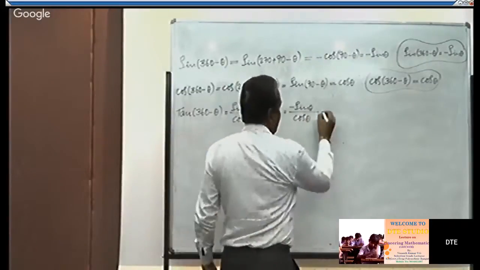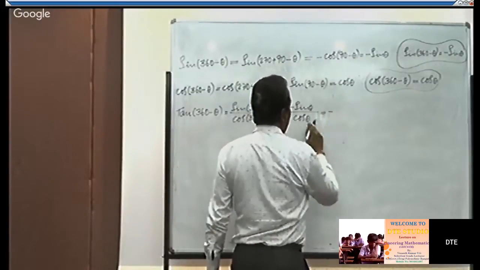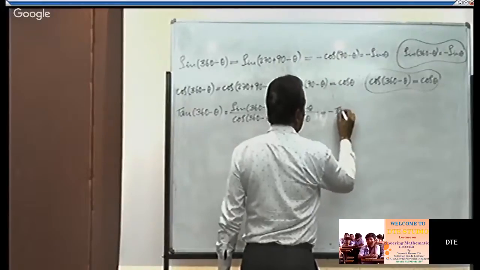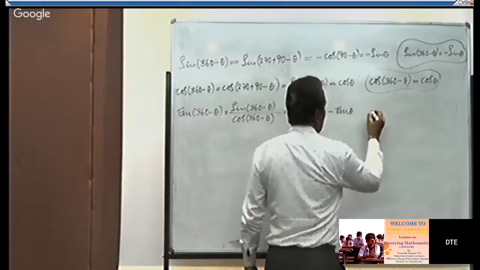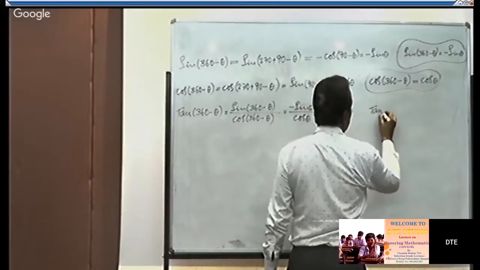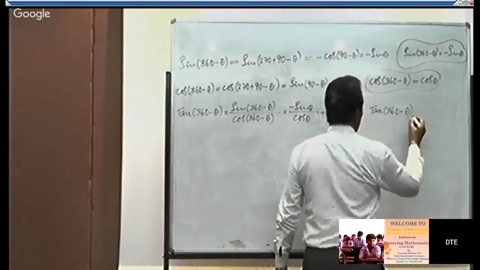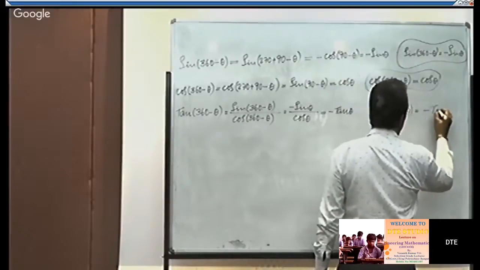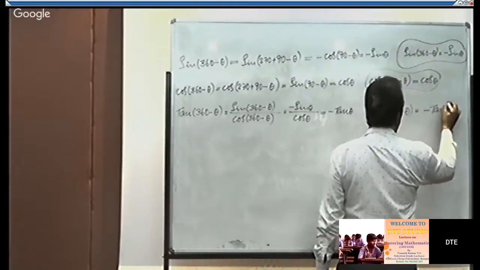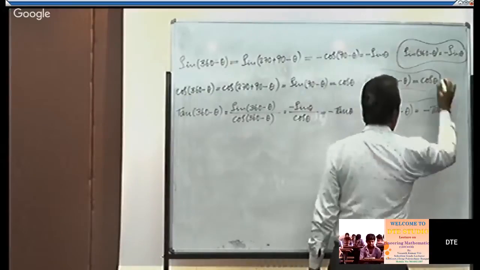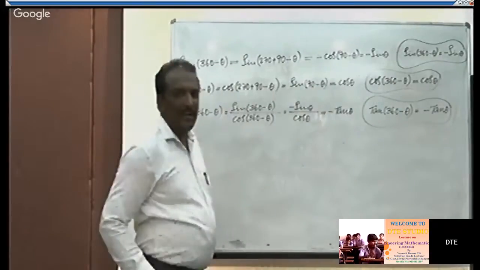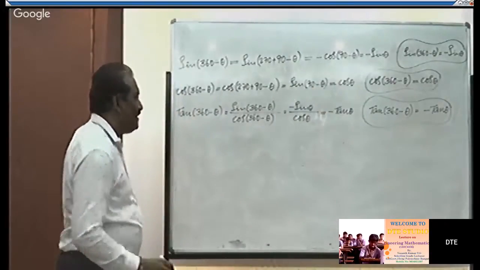Then it is minus sine by cos, it is tan. So the conclusion is, tan of 360 minus theta is always equal to minus tan theta.